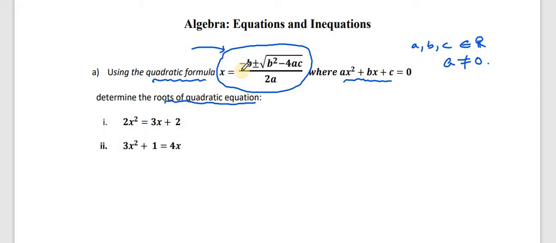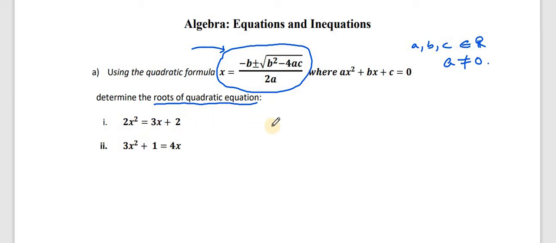The majority will be solved using this formula. So that's what we're focusing on, using this formula to find what we call the roots of the equation, or the x-intercepts. So that's a different name, right? The roots of a quadratic equation are also referred to as x-intercepts, or the solutions to the quadratic equation.